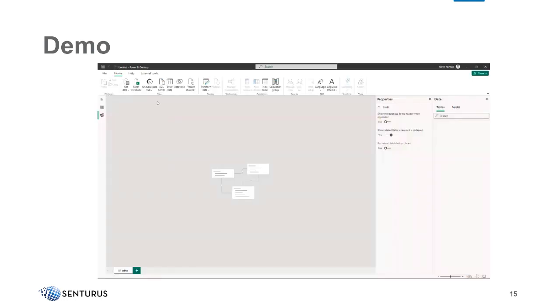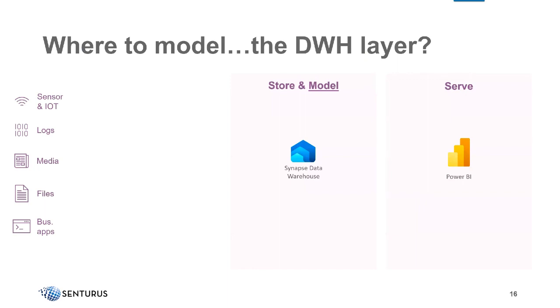The other area where we want to talk about now is modeling Power BI against the data warehouse layer, right? So in this particular example, we did build a warehouse. It could be a Synapse data warehouse because we have very large volumes. It could be, like we said, an Azure SQL database, right? They're doing the ETL there, and then you're importing this data into Power BI.